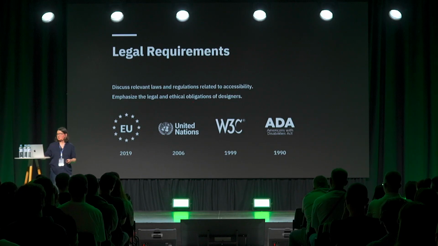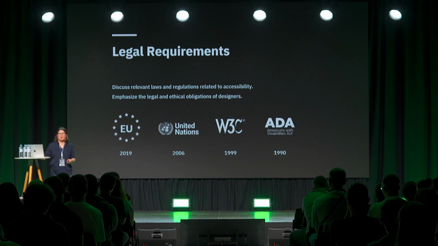And the Americans with Disabilities Act started in 1990. All of these exist to enforce accessibility standards. As designers, we must recognize that it's not a choice, but a legal and ethical obligation to ensure our products are accessible for all.